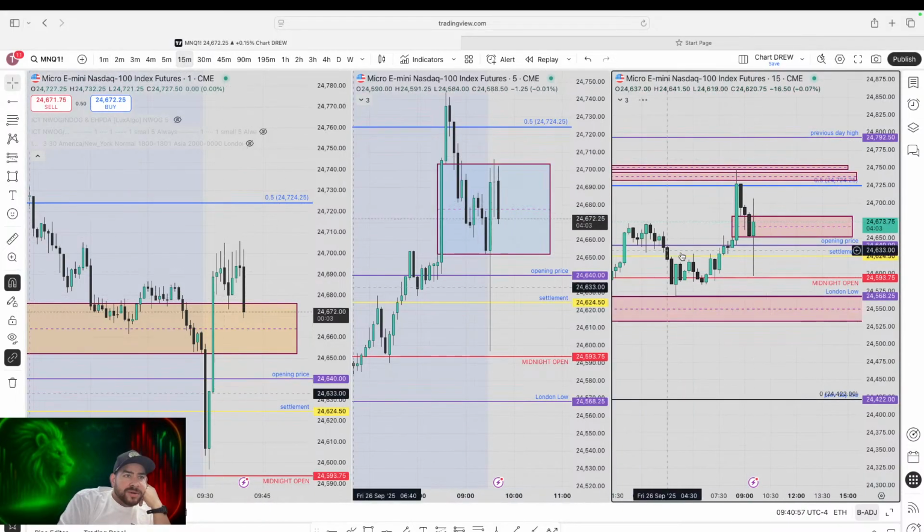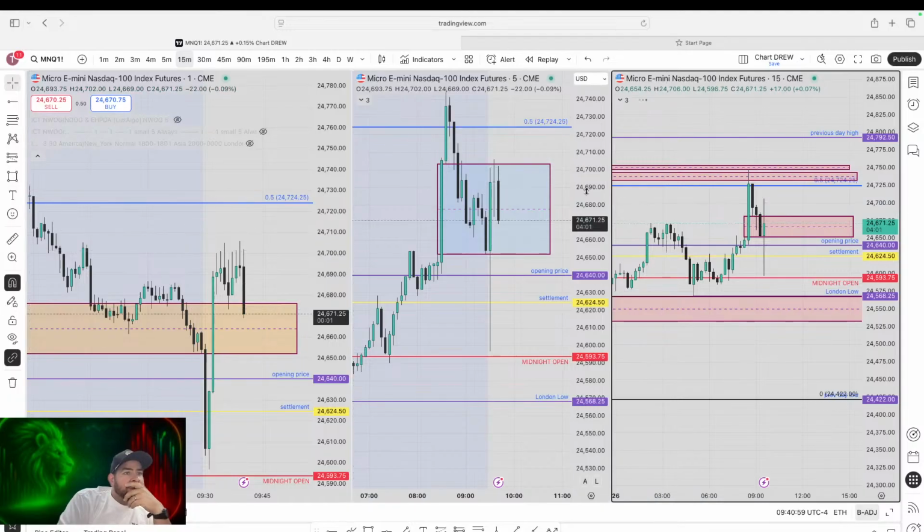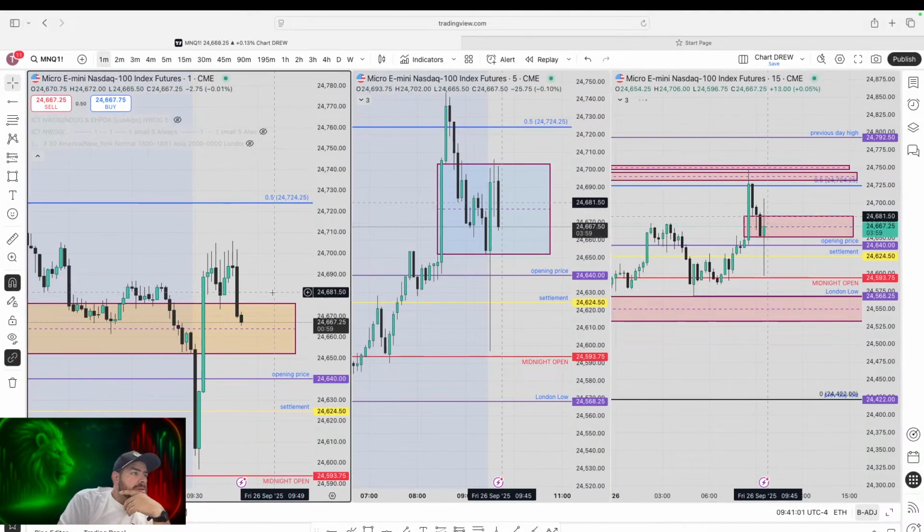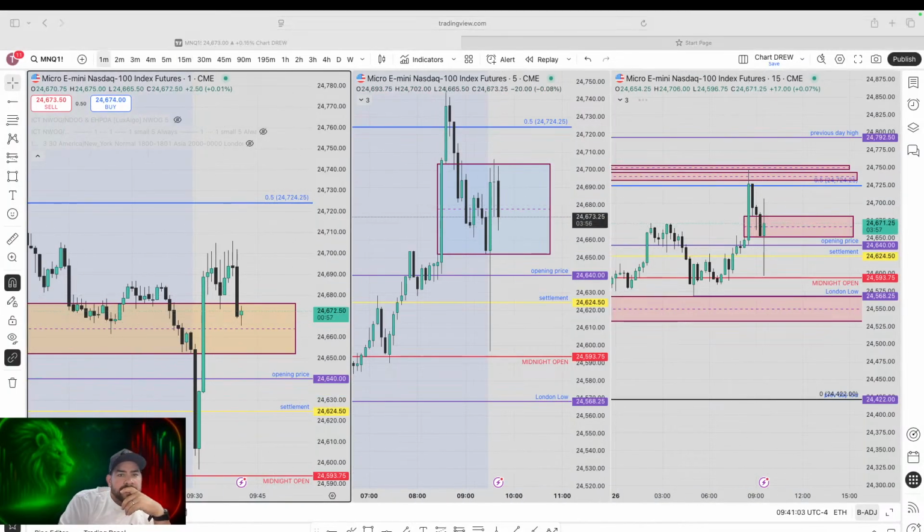This might be the short here. I think this is a short right now. Okay, yep. Let's see. Yeah. I think this might be the short right here. See what I mean?